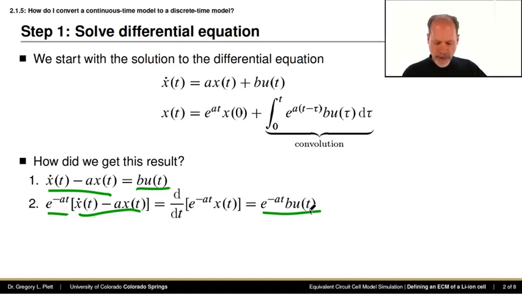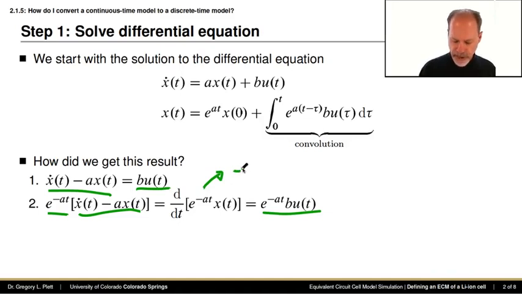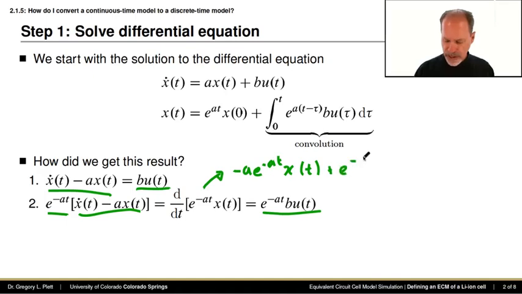Well, that middle one says the derivative with respect to time of e to the negative at multiplying x of t, and you compute what that is by the product rule. You say, oh, it's the derivative of the first thing times the second thing, so it's minus a times e to the minus at, all multiplying x of t, plus the first thing times the derivative of the second thing, so plus e to the minus at times x dot of t.